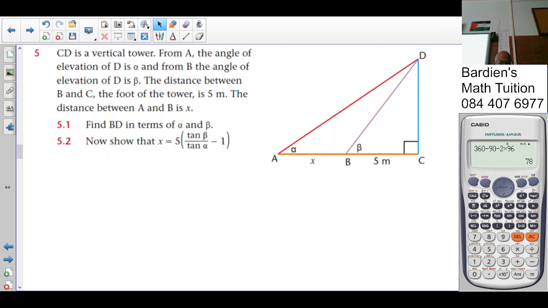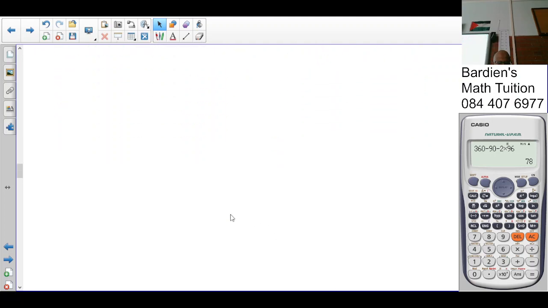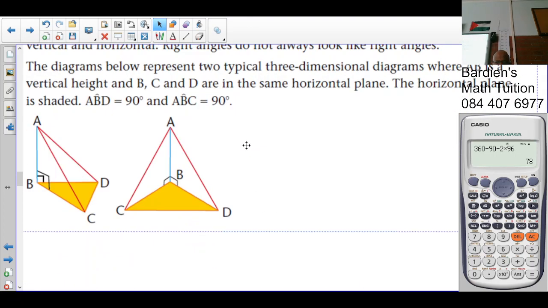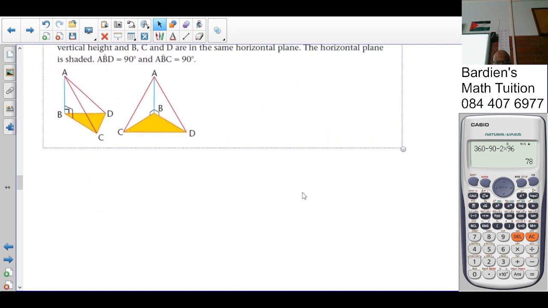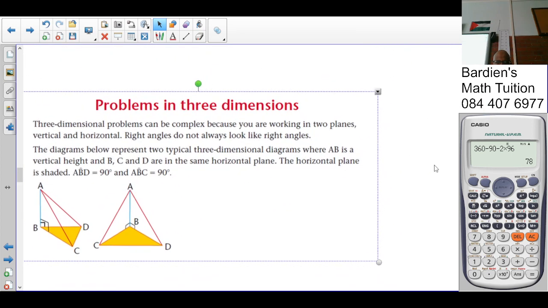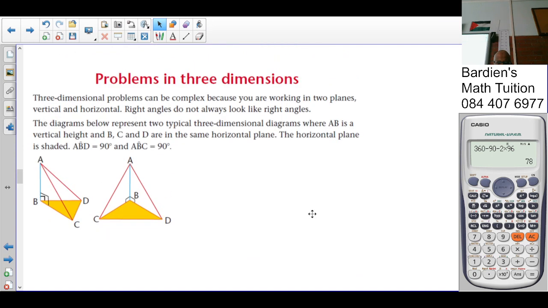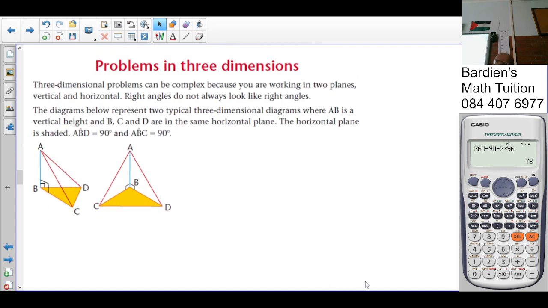So now we're going to look at 3D problems. Problems in 3 dimensions. I want you guys to write this note down. We're going to go through them now. You all see?